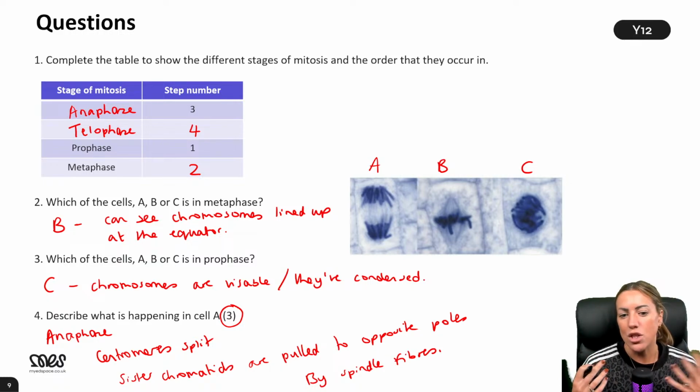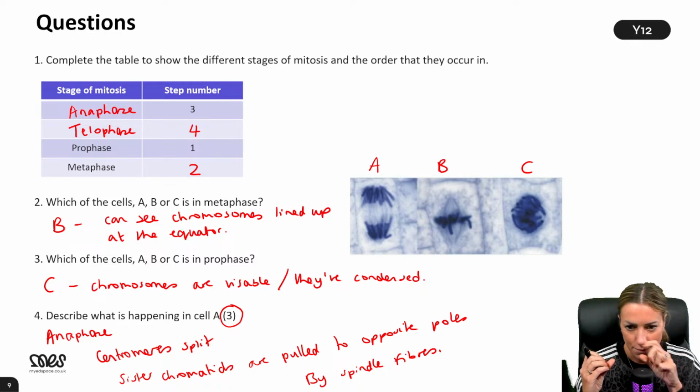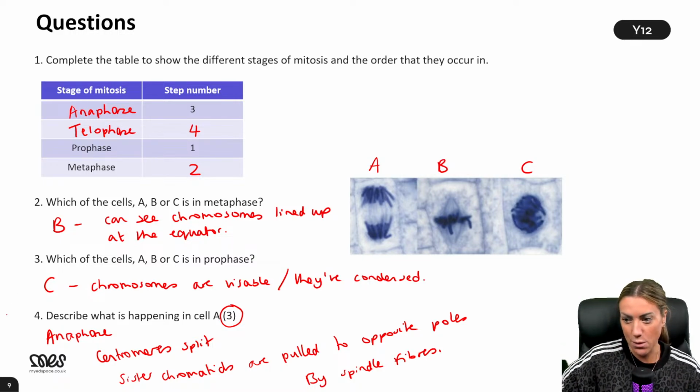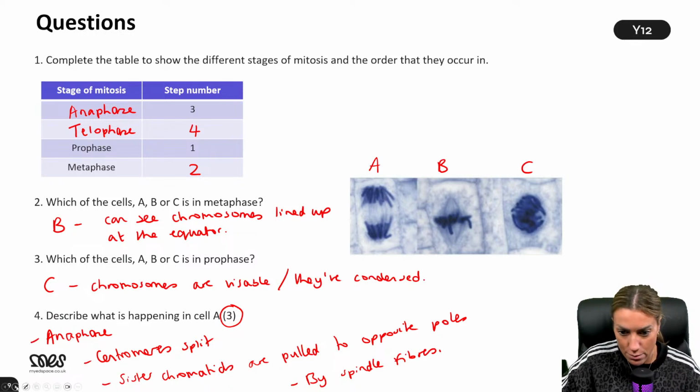I would then start to call them chromosomes again once the nuclear envelope has reformed. But you know, they are going to be generous. They'll allow you to just say chromosomes, so don't worry about it too much, okay? Nice. Perfect. So we've easily got 3 marks there. I think there are probably four different things we could say and get those 3 marks.